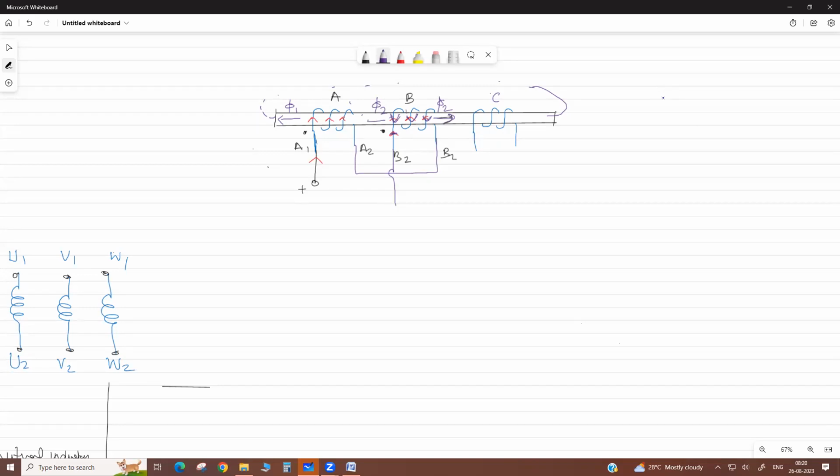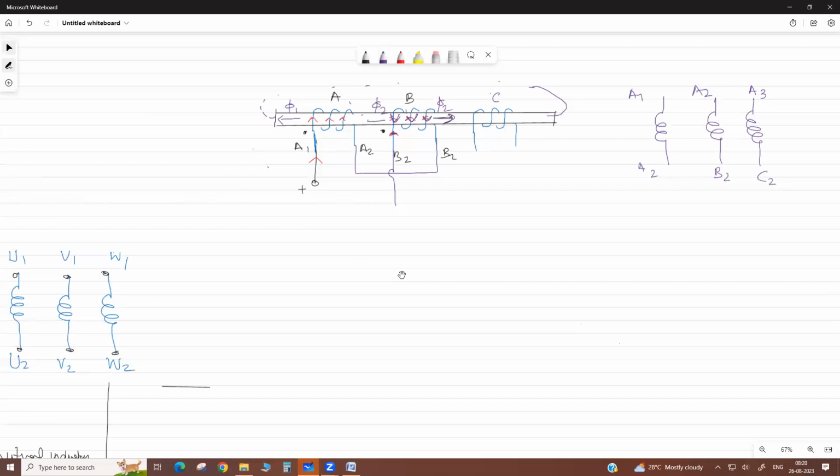Suppose there are 3 coils. Generally in a star connection, these are A2, B2, C2, and in a transformer they are A1, A2, A3.